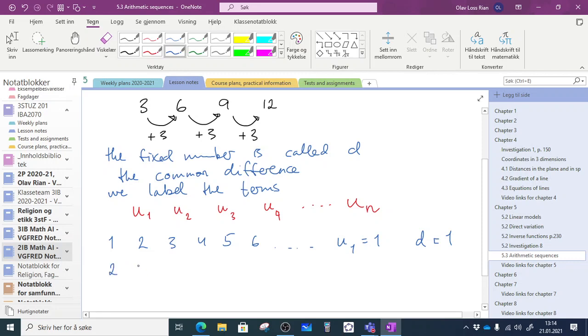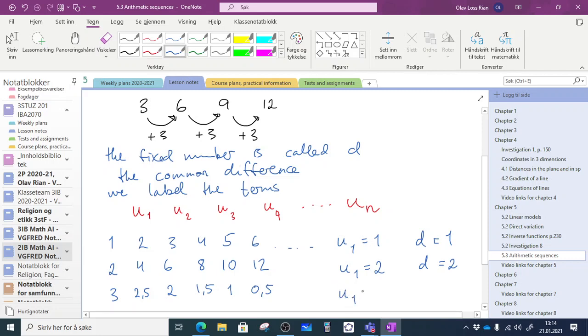If we have the sequence 2, 4, 6, 8, 10, 12, the first term U1 is 2, and the common difference is 2. Third example, 3, 2.5, 2, 1.5, 1, 0.5.